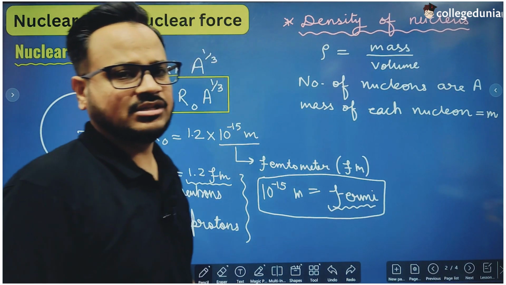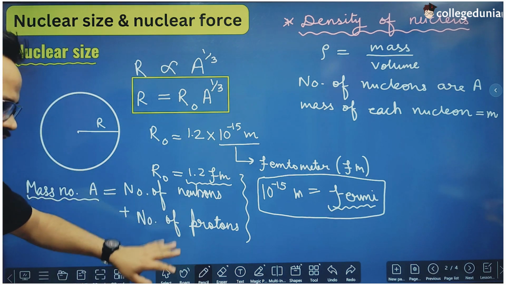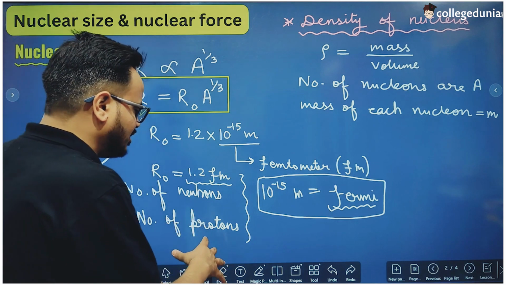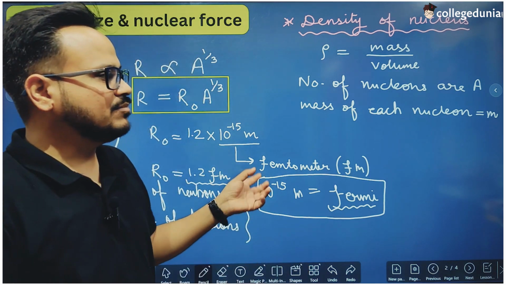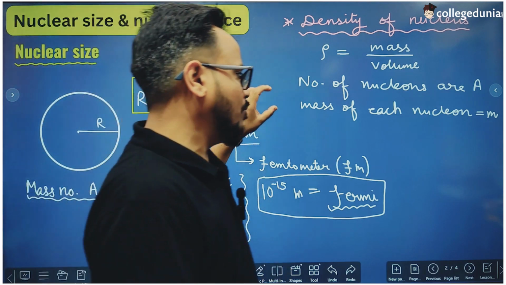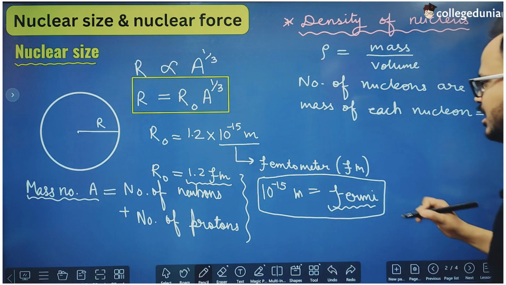There is a slight difference between the mass of proton and neutron, and let us ignore that difference. If we ignore that difference, we can say that the mass of neutron and proton is equal. So let us take that mass as m, and the total number of nucleons in the nucleus is A.